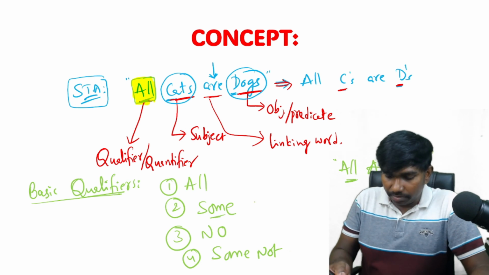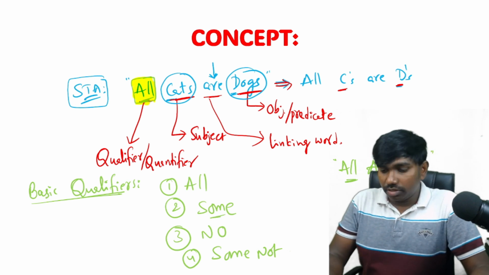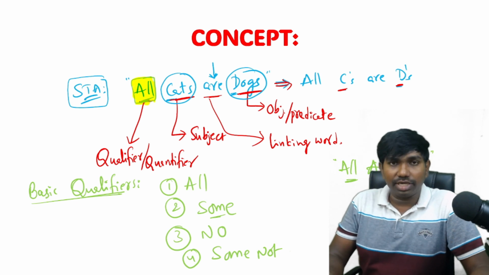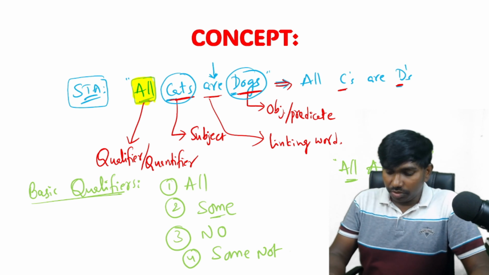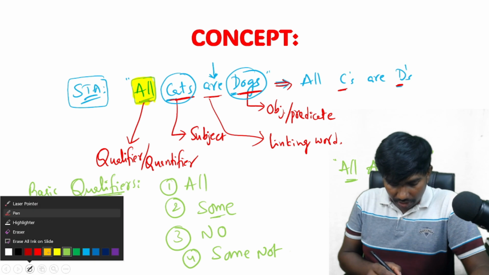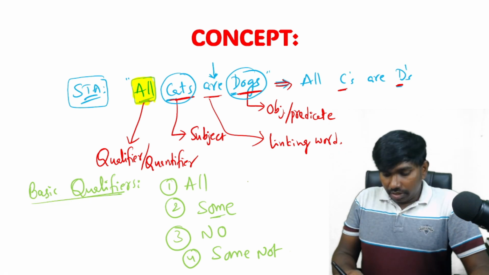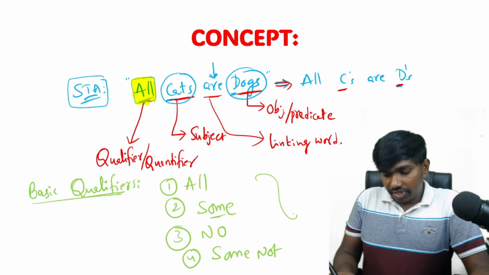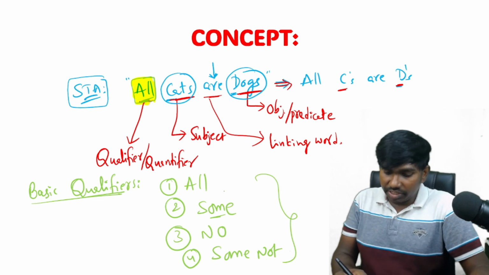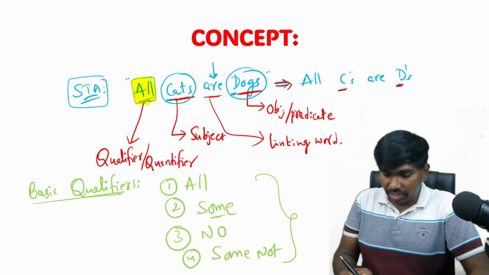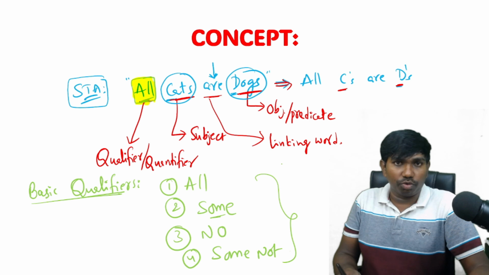Instead of using some, few A's are B's, a lot of A's are B's, at least A's are B's, at most A's are B's, generally A's are B's. All other qualifiers are either synonyms of these 4 qualifiers or a combination of them. By combining 2 qualifiers, we may get a new qualifier.